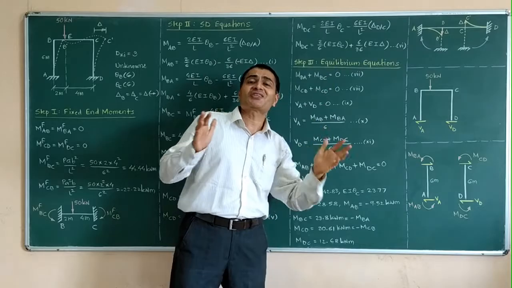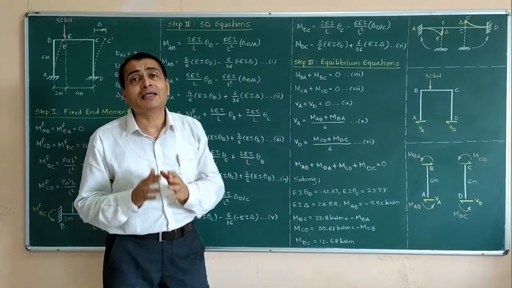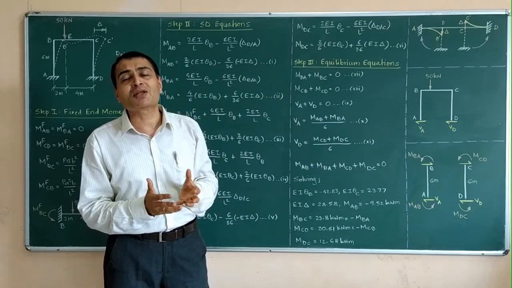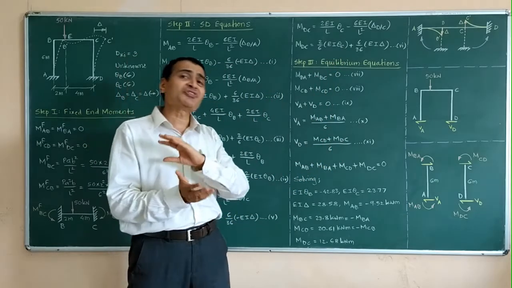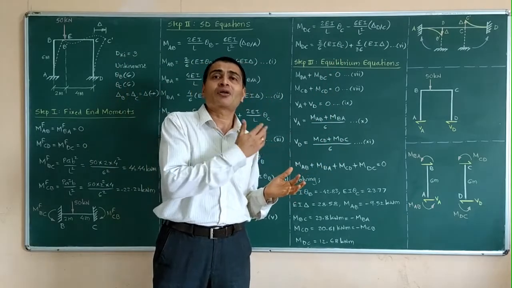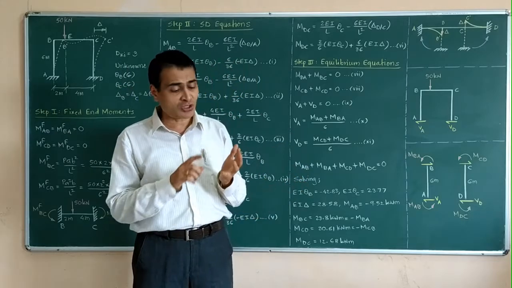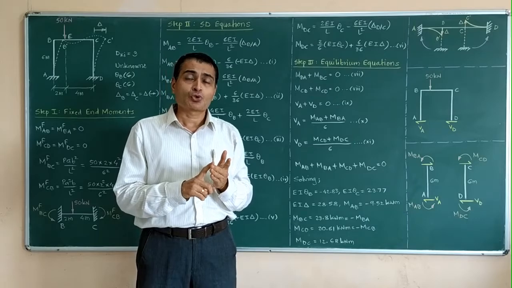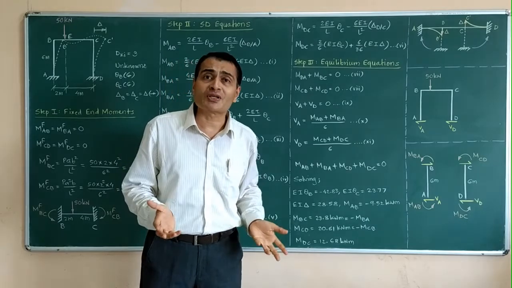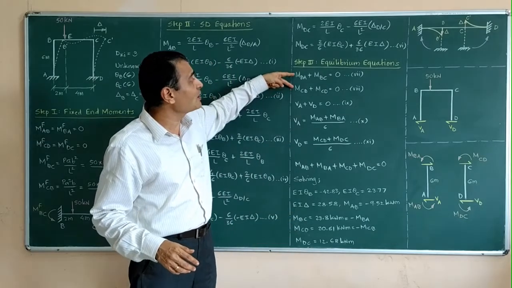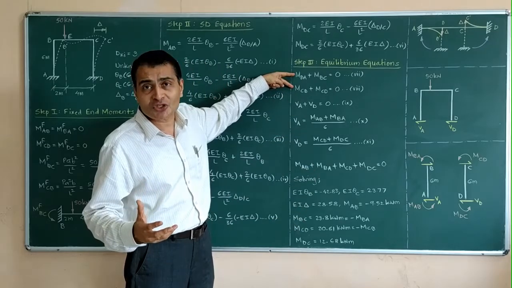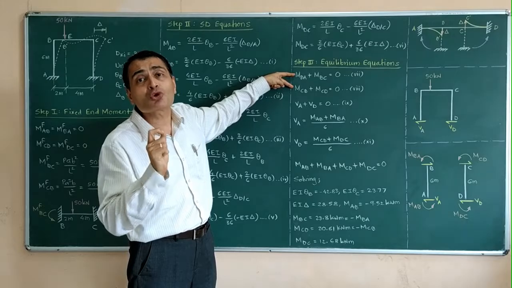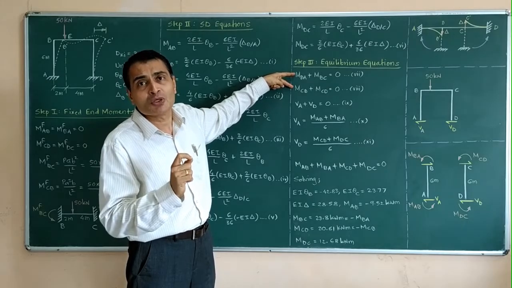Now these are 6 equations again in 9 unknowns. 6 end moments appear on the left hand sides of the 6 equations, and on the right hand side you have 3 unknowns, theta B, theta C and delta. So you do require 3 more equations. 2 equations will come from moment equilibrium equations and 1 more will come from shear or force equilibrium equation.